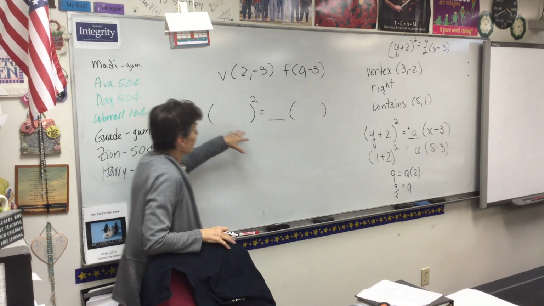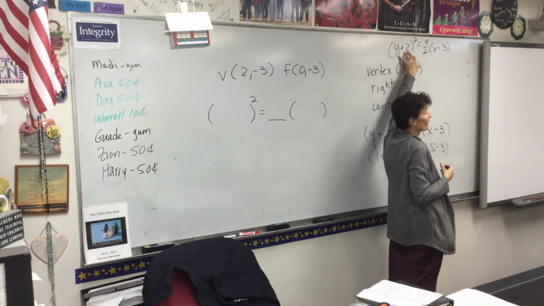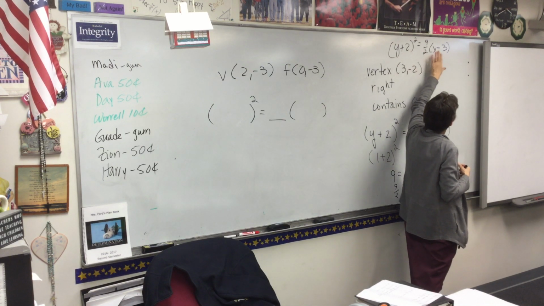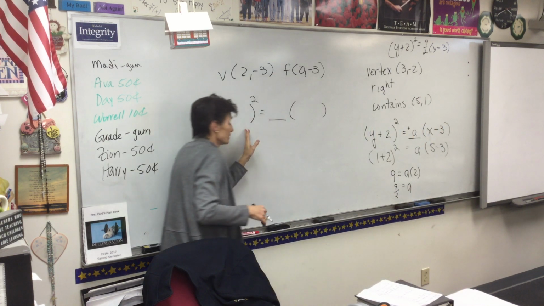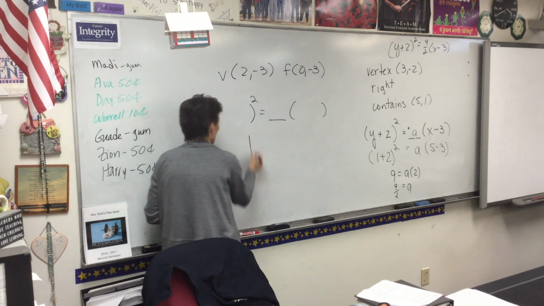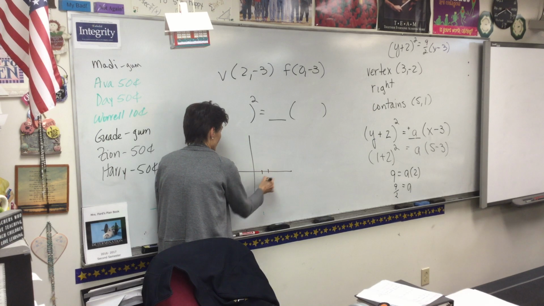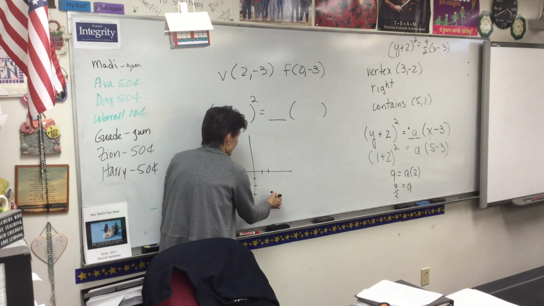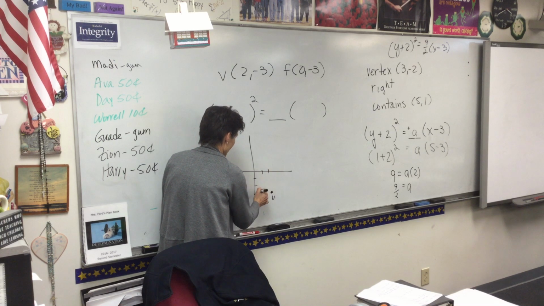When we write our equations, you've got a parentheses squared, and then you've got a number and another parentheses. Oh my gosh, I have no idea where to start. I'm going to draw a picture of this. So that's the vertex, and (0, -3) is the focus.